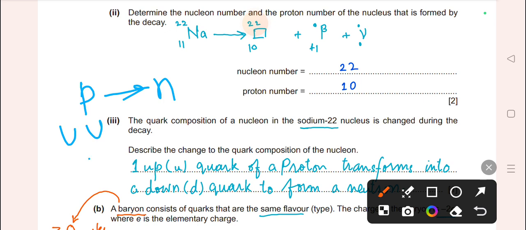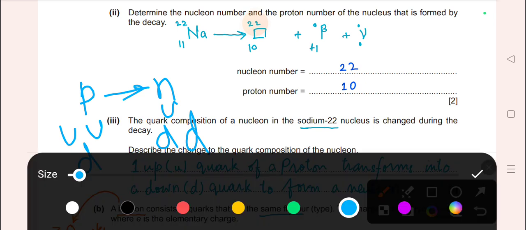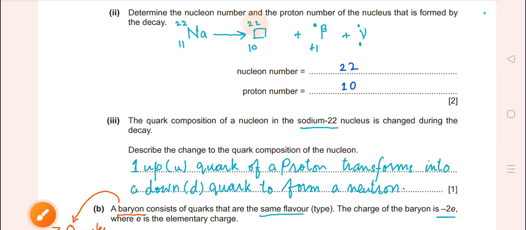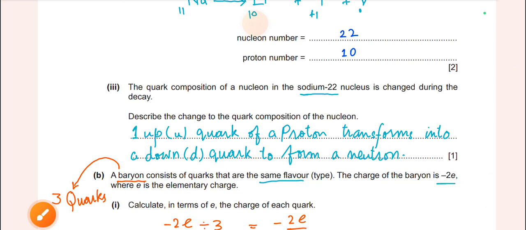The neutron is made up of one up and two down quarks. So the up and down quark pair is common in both. The difference is that if you have to convert a proton into a neutron, one up quark needs to be converted into a down quark. So this is the answer: the up quark of the proton transforms into a down quark to form a neutron.